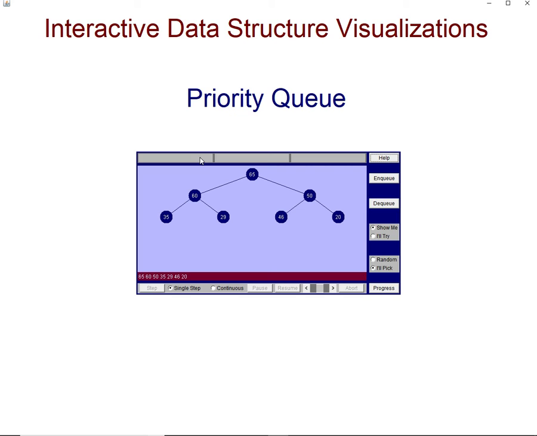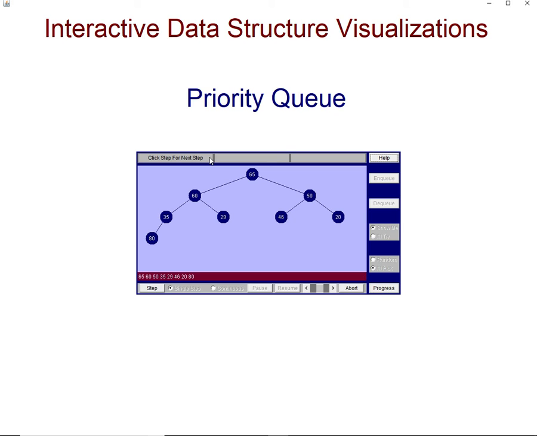Now let's add a large value, one that is larger than what is in the root. Because the tree was a full tree, the new node was added as the leftmost node on the next level to again ensure that the tree remained complete.